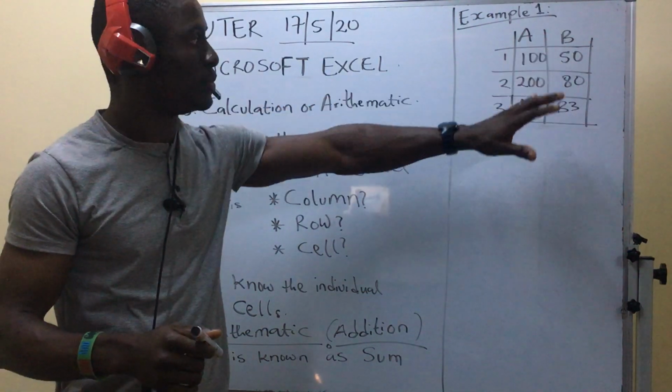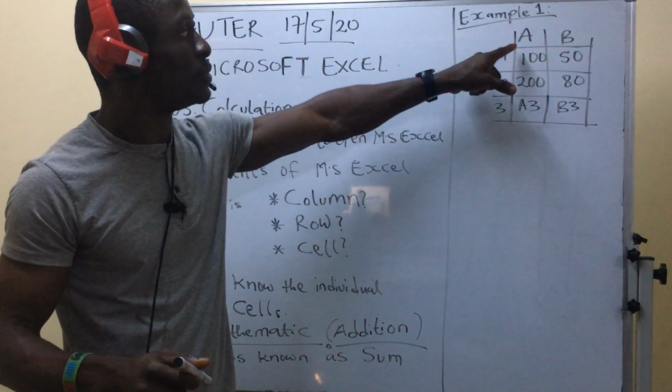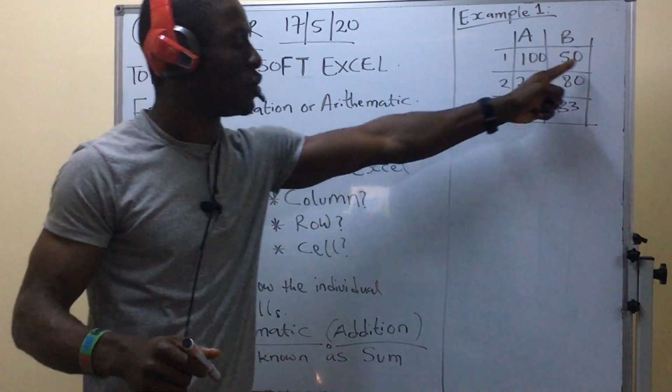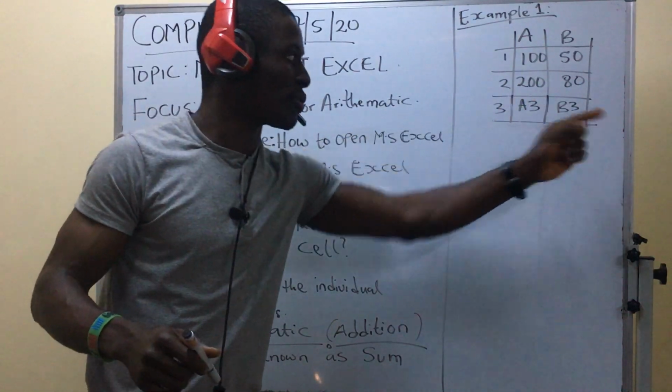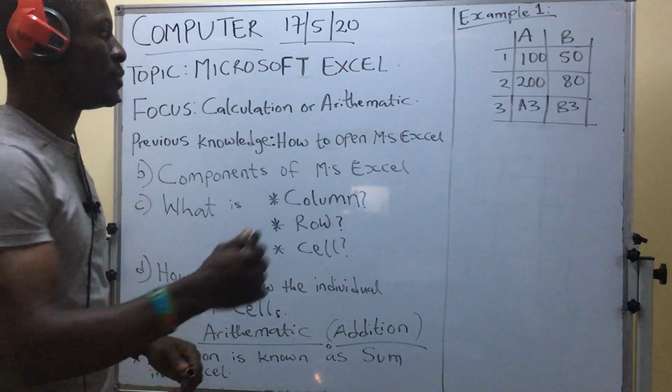This is a cell. This is Microsoft Excel. So we have column A, column B, row 1, row 2, row 3. Now, we are talking about sum.